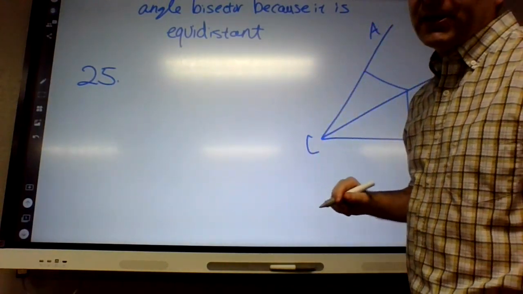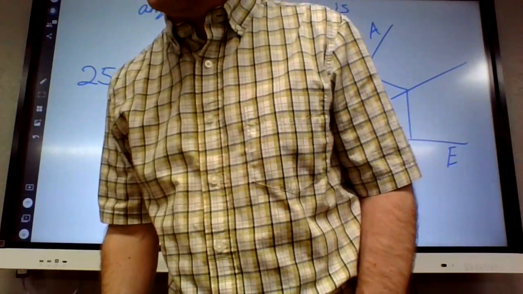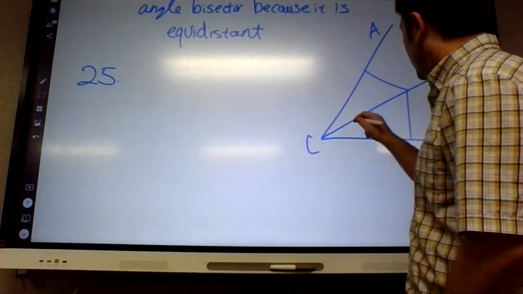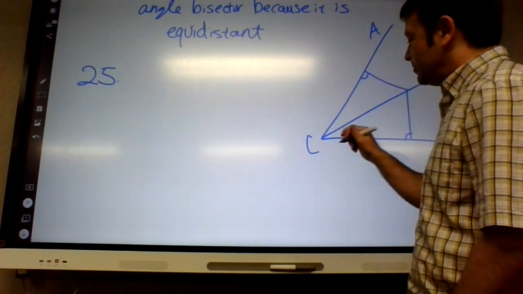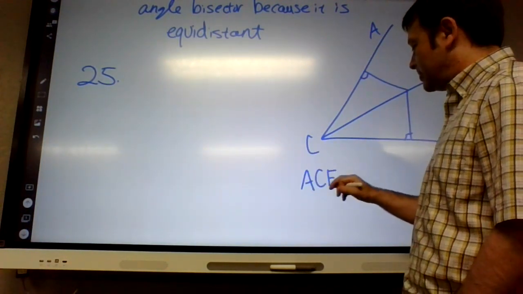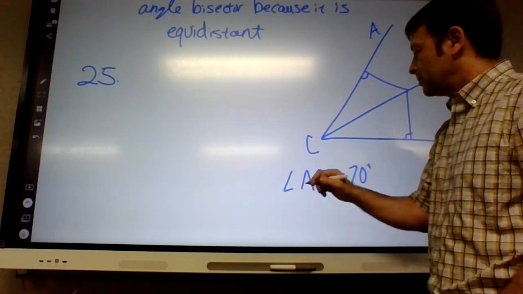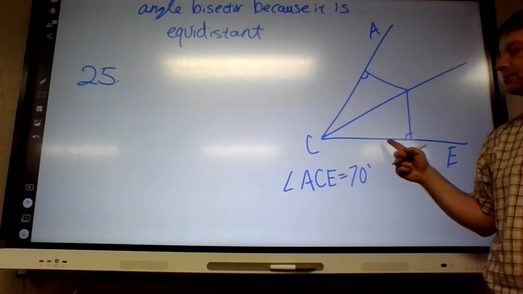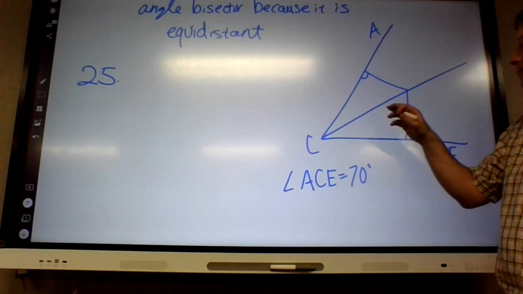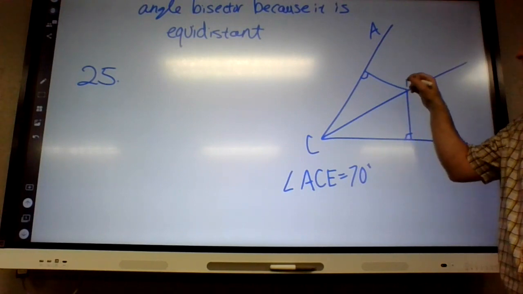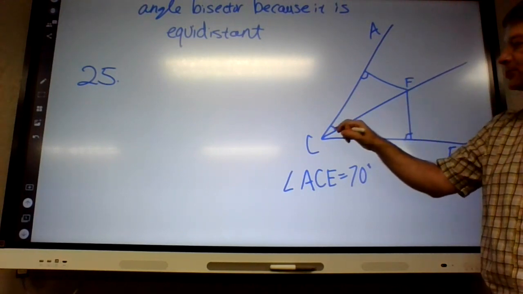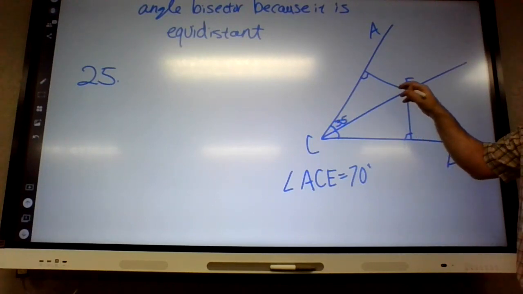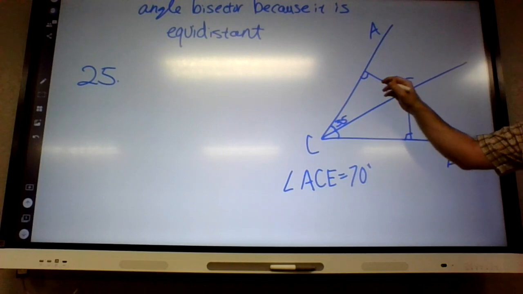It says find angle ACE, and it gives us angle ACE. Never mind. Okay, if angle ACE is 70, what do I know? ACF is 35, half of 70, so these are 35s, and I think it's asking for this angle right here.